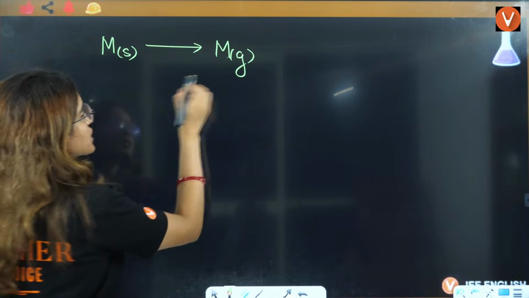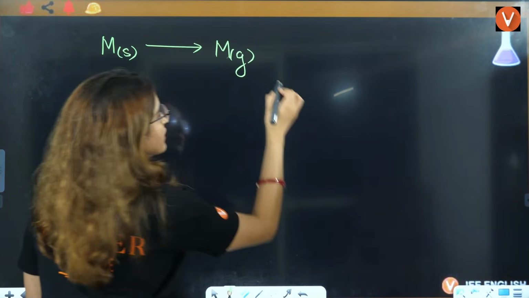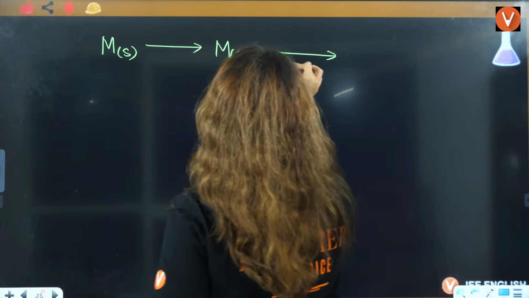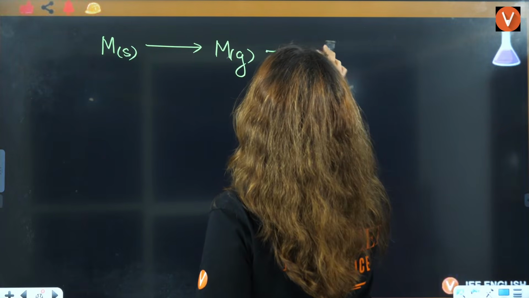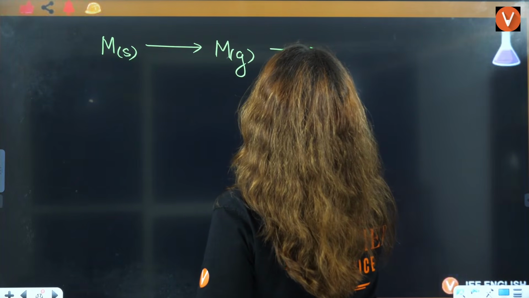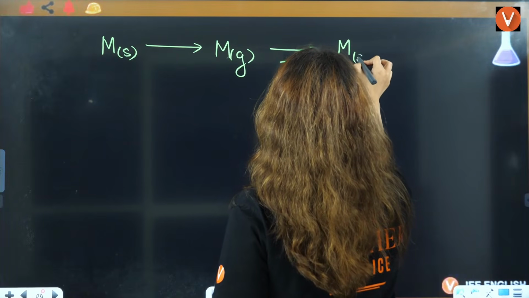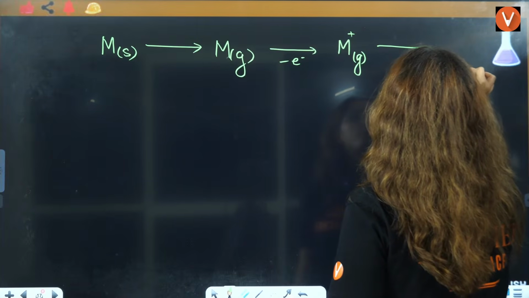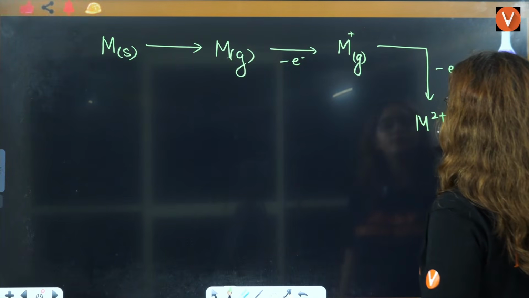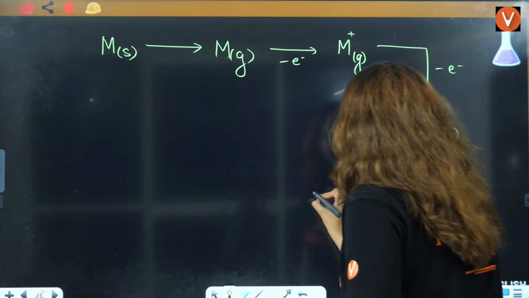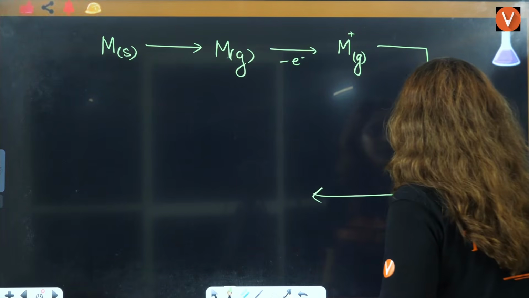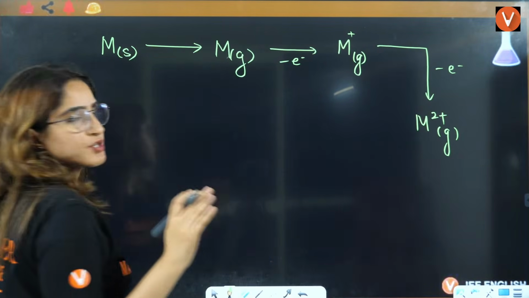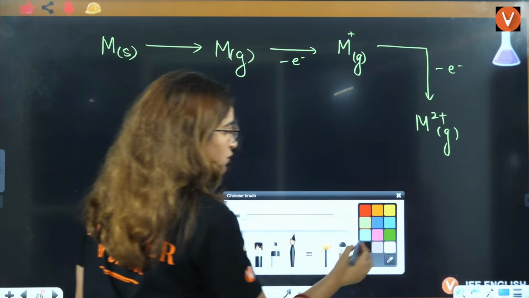Now, if I take one electron from here, this will be M positive, gaseous. If I take one more electron, this will be M2 positive, gaseous. Let's say you are making M2 positive only.